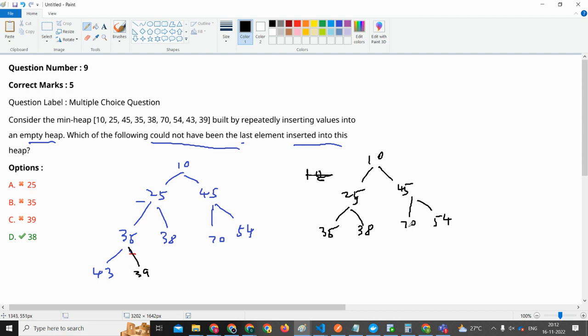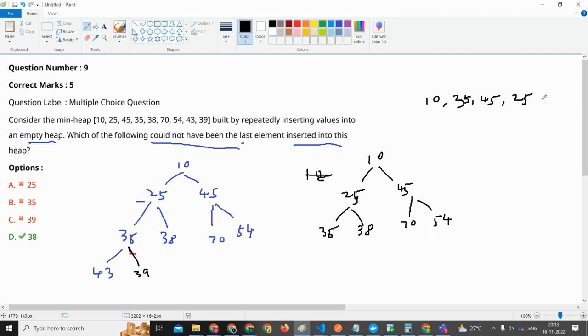So they've given us a min heap already, but they could have inserted in a different way, right? Let's say after 10, 25, 45, let's make sure the top triangle is correct. Then 10, 35, 25, 35, 45, and then do 25.